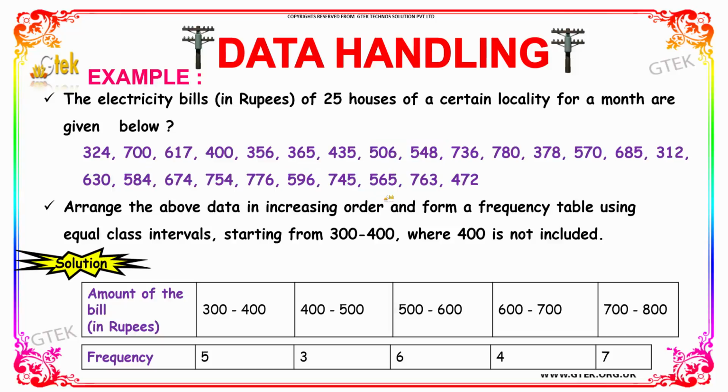And similarly, there are 4 houses which are having their electricity bill between 600 to 700.